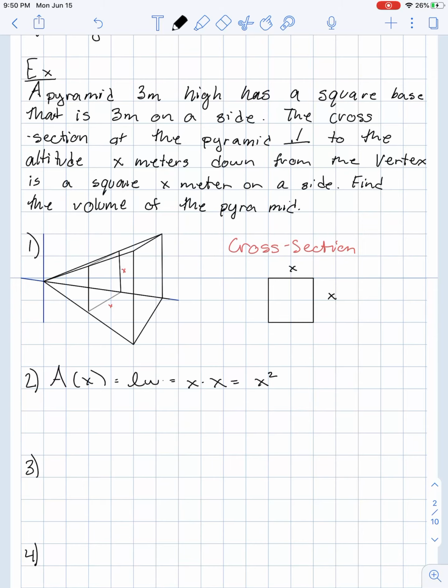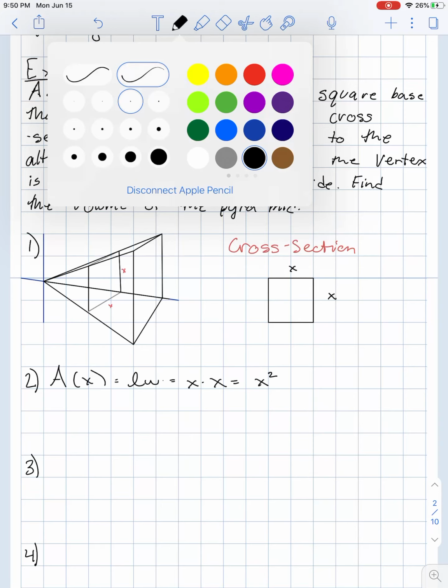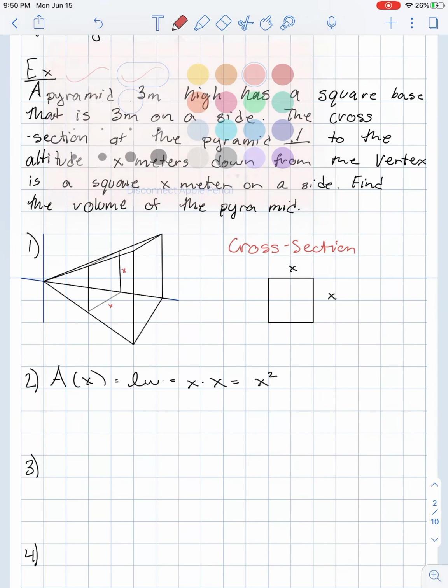All right. And then I'm told that the pyramid has a square base that is 3 meters on the side. So that means that the max cross section is going to be 3. It's a pyramid, so the cross section has to come to a point. So that means we're going to go from 0 to 3.